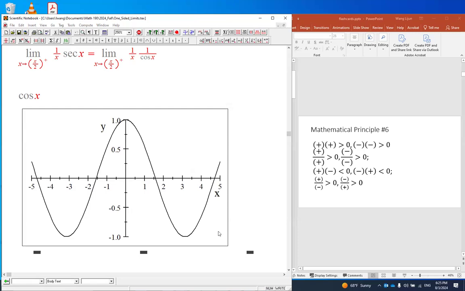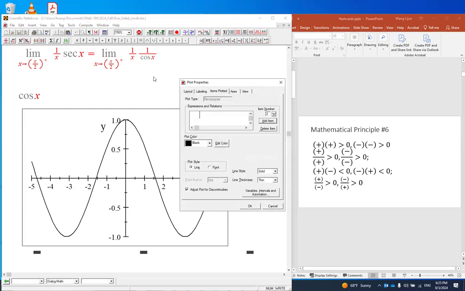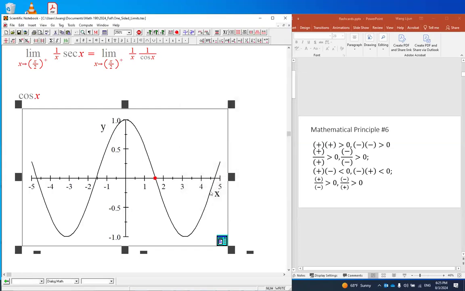So let me mark the point pi over 2, comma, 0, right? I'm just going to mark that point on the graph right there. And when x is approaching pi over 2 from larger than pi over 2, obviously cosine x is approaching 0 from smaller than 0. You see, because x is larger than pi over 2, right?